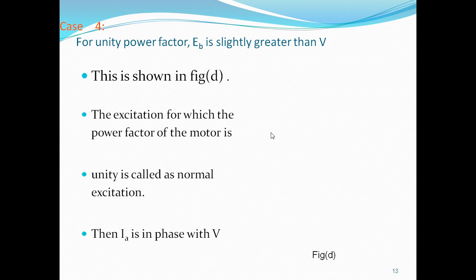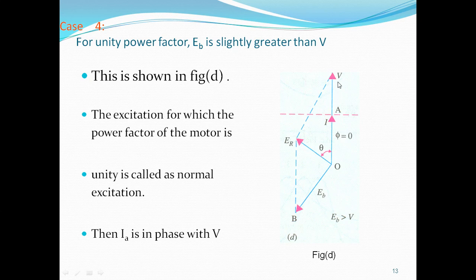That is IA is in phase with V. So current and voltage are both in phase. That is pi is equal to 0. Where EB is slightly greater than V. This is the condition for unity power factor.